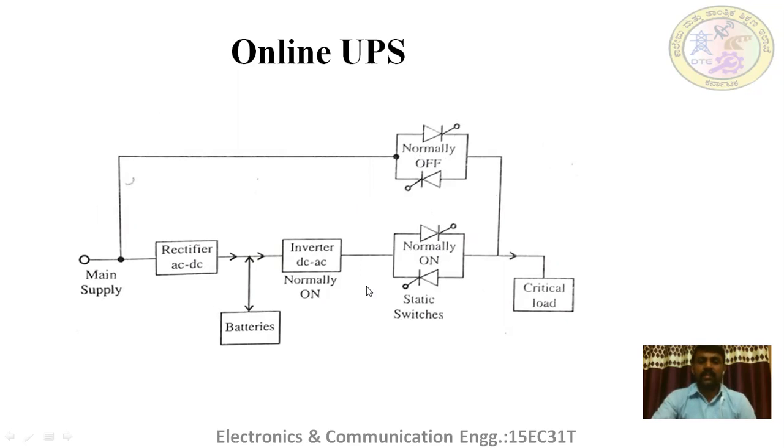In this UPS, inverter operates continuously. I mean, when the mains power is available, the UPS converts mains AC into DC by rectifier, and this is used to store batteries.